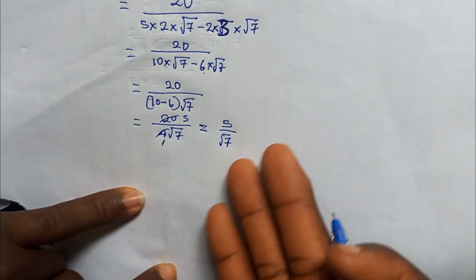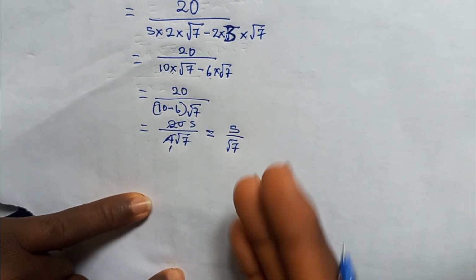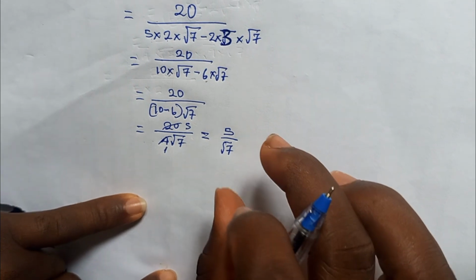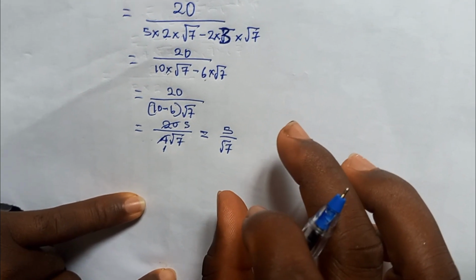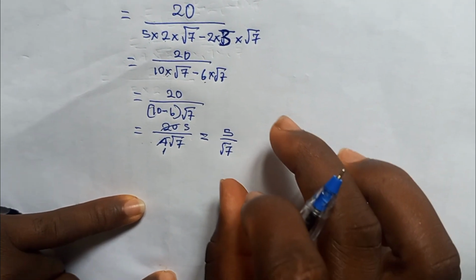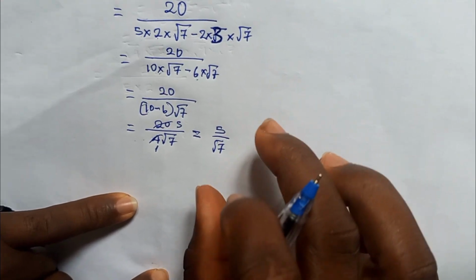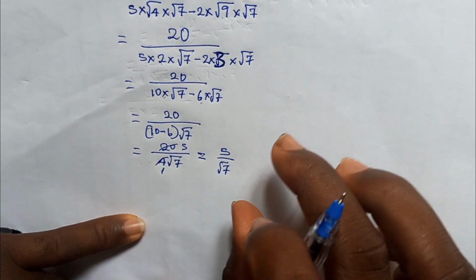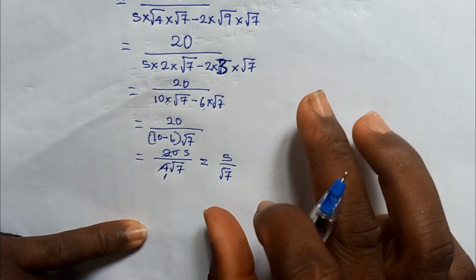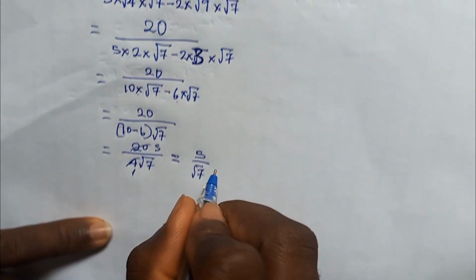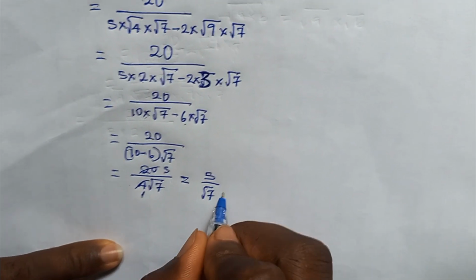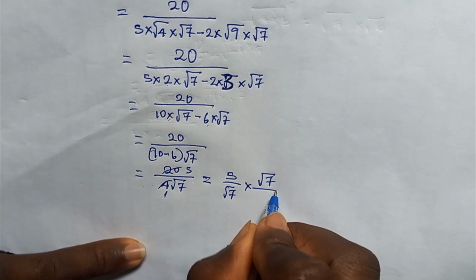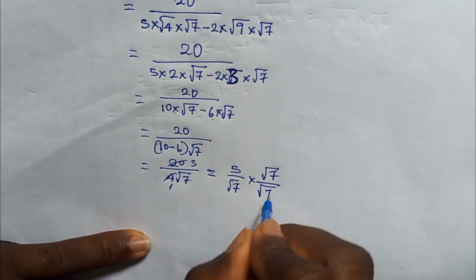on which in surd we don't leave a final answer with the denominator as a root. The denominator is not supposed to be in root. So for taking off the root, we multiply by root 7 all over root 7.